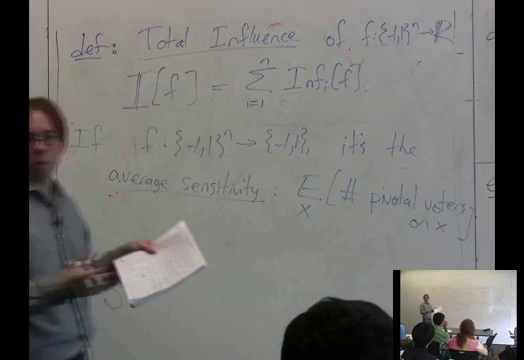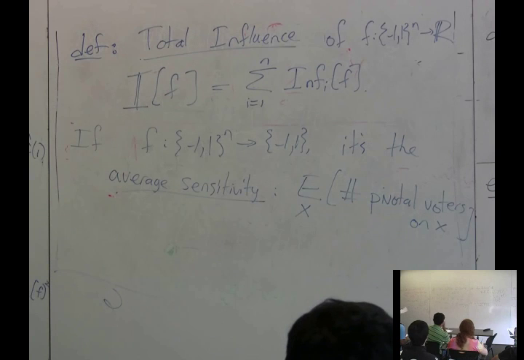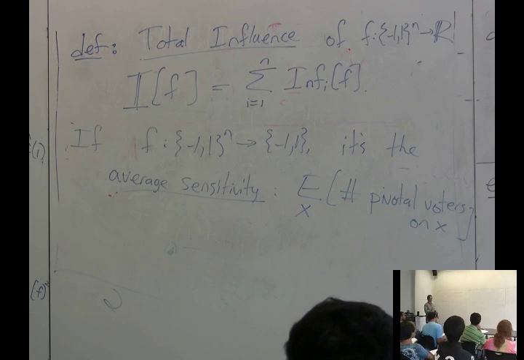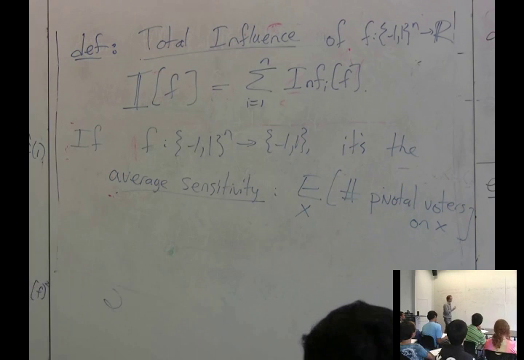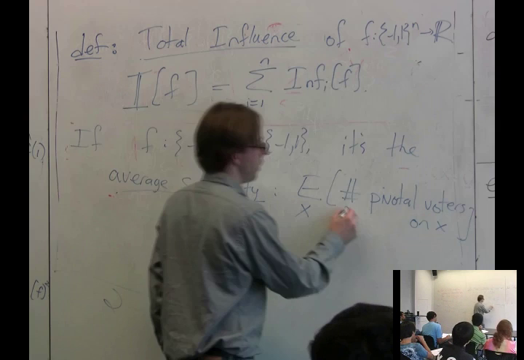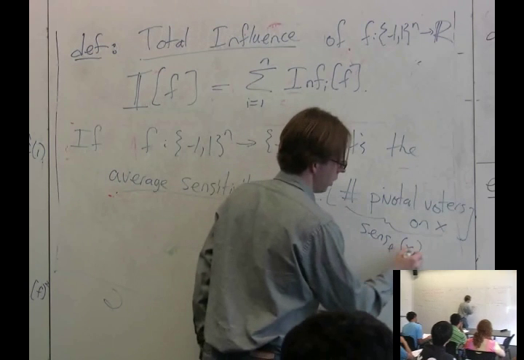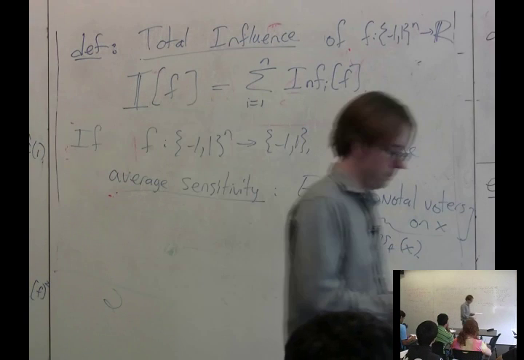Okay, so everybody votes at random. There's some outcome to the election, maybe 1. And then you look through all the voters and say, if that person in isolation had changed their vote, would that have changed the outcome of the election? And then you count up the number of such swing voters. Okay? This is sometimes called the sensitivity of f on x, which leads to the name average sensitivity.